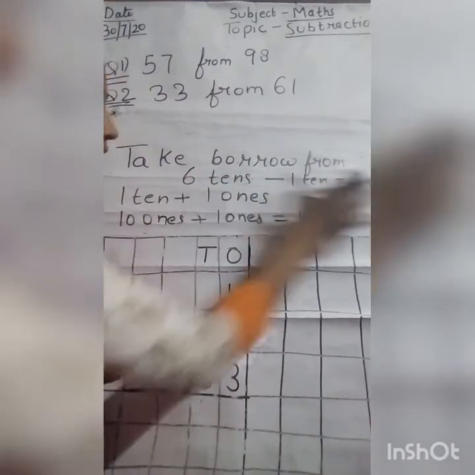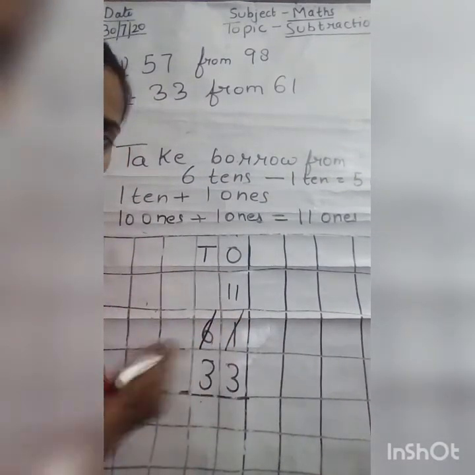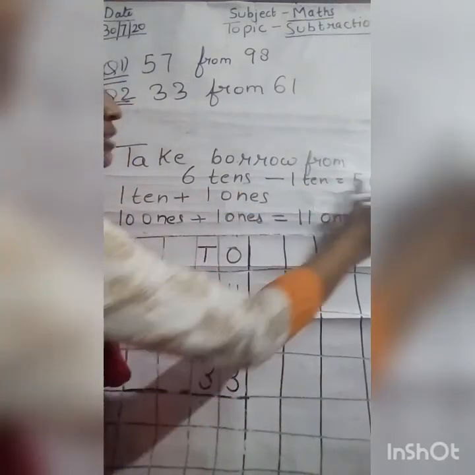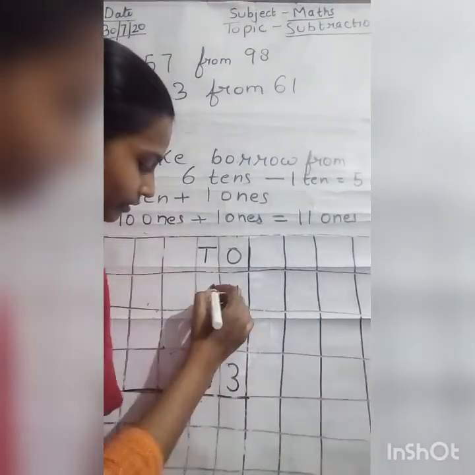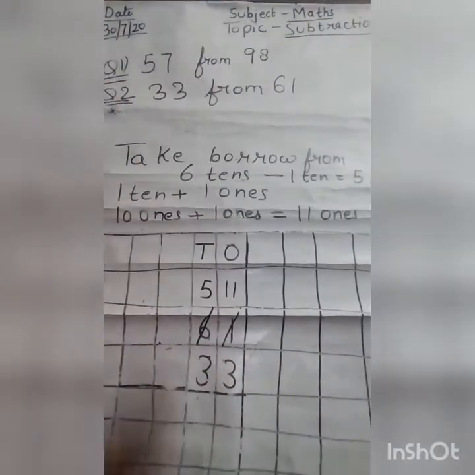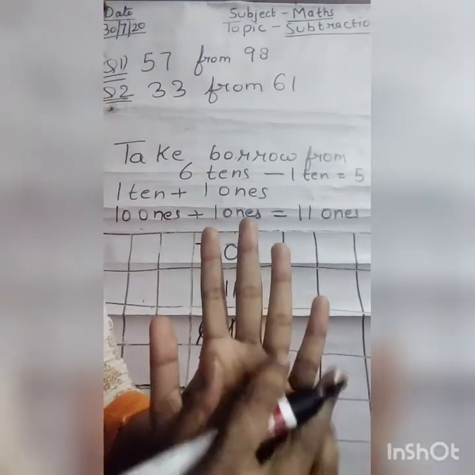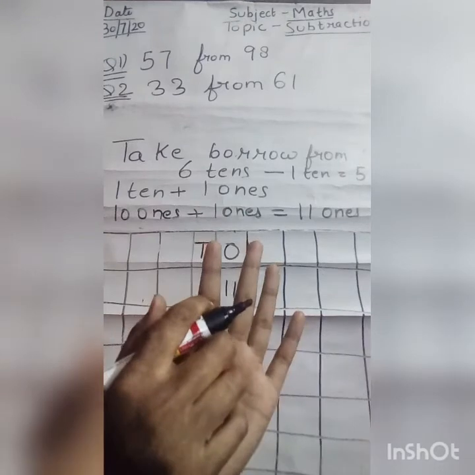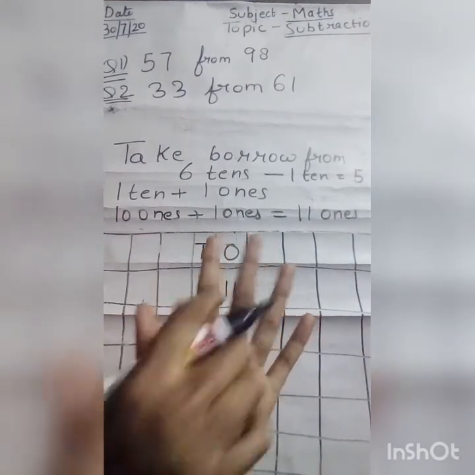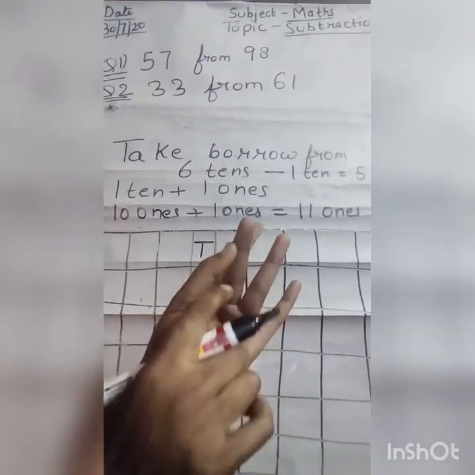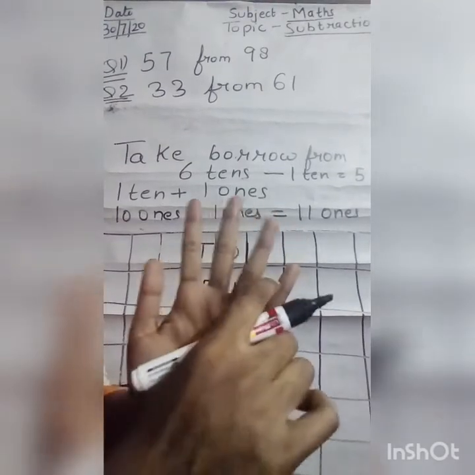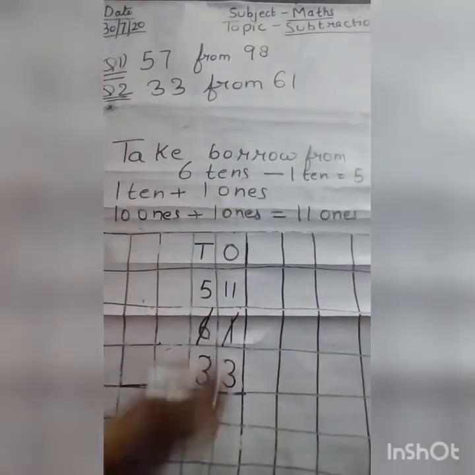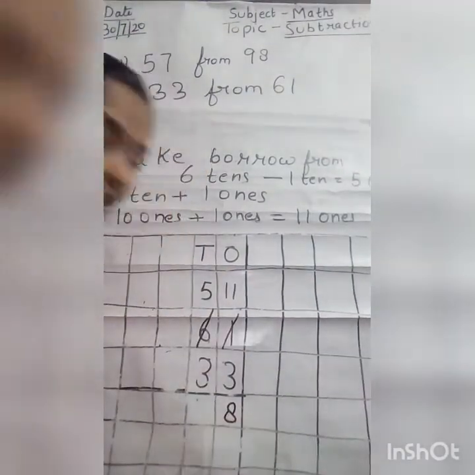Here is 6 tens, we cancel 6 and 6 tens becomes 5. So 11 minus 3: 1, 2, 3, 4, 5, 6, 7, 8, 9, 10, 11. Minus 3, so backward 1, 2, 3. How many lines are left? 1, 2, 3, 4, 5, 6, 7, 8. 11 minus 3 is 8.